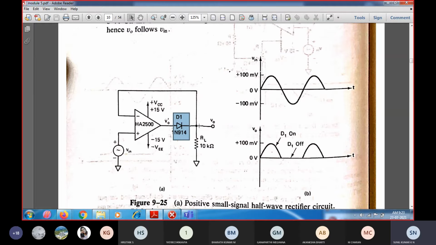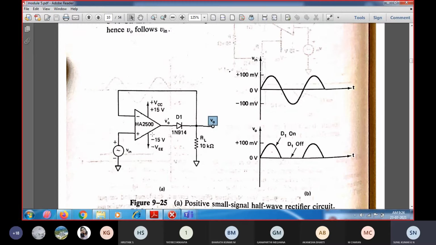Within a fraction of a second, in microseconds itself, since the output is being given to the inverting input, in order to equalize the non-inverting and inverting inputs, the output is going to follow the input voltage, because the circuit acts like a voltage follower.